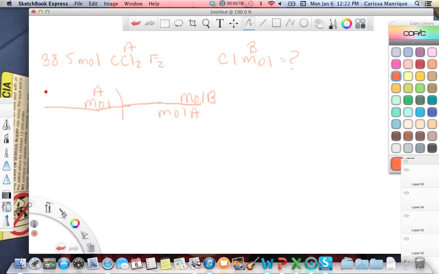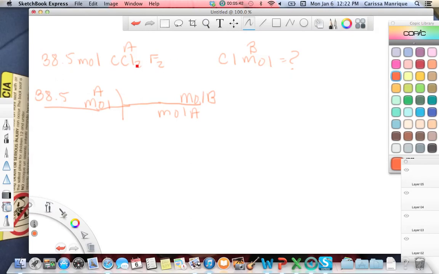Let's start off here with the number we do have, which is 38.5 moles of A. Now we need to do this mole ratio. What is that? Well, this says for every 1 mole of this, how many moles of chlorine? So how many chlorines are in there? 2.